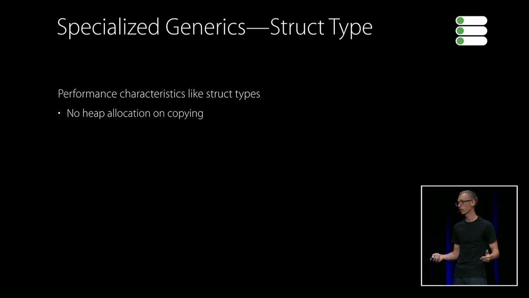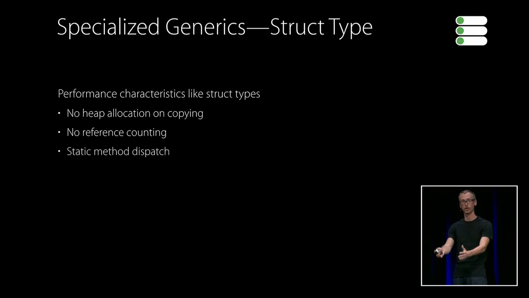In this case, we have performance characteristics identical to using struct types because, as we just saw, the generated code is essentially as if you had written this function in terms of a struct. No heap allocation is necessary when we copy values of struct type around. No reference counting if our struct didn't contain any references. And we have static method dispatch, which enables further compiler optimization and reduces your runtime, execution time.